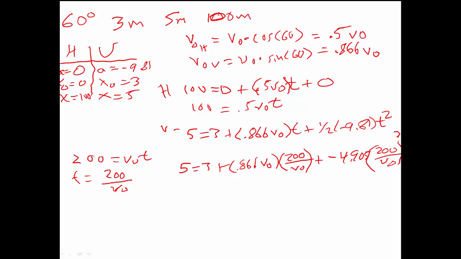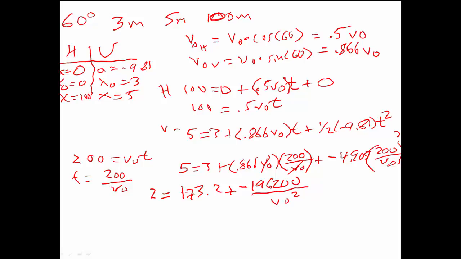Subtract 3 from both sides. 2 equals 0.866 times 200, 173.2. The v naughts here cancel, plus 200 squared times negative 4.905, which comes out to negative 196,200 divided by initial velocity squared.